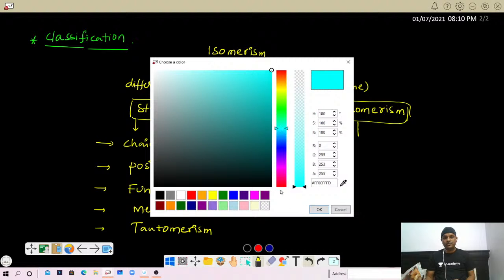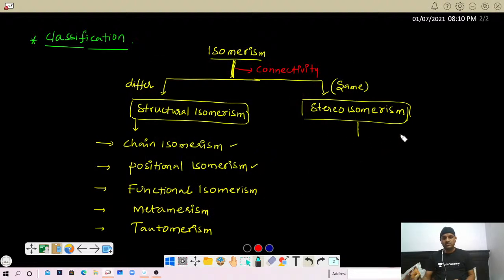On the basis of spatial arrangement. So the spatial arrangement is different, the connectivity is same. On the basis of this, we can classify the isomers into the following types.